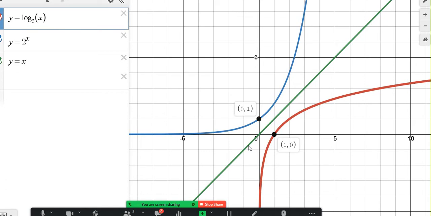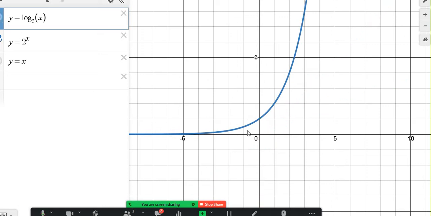Now let's remind ourselves about domain and range. So the domain of our exponential function was everything, right? Great, it was everything. But the range started at 0 and went to infinity. So that's the y values you got for our blue graph here. They come down to 0, never quite touch 0, but they go up to positive infinity.